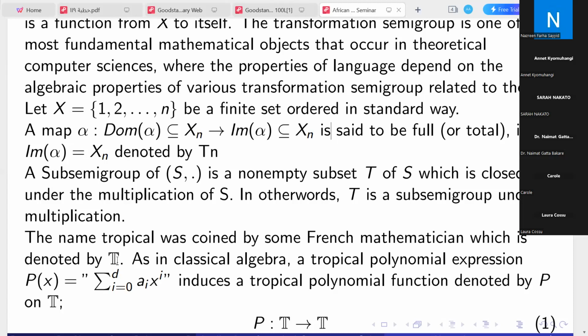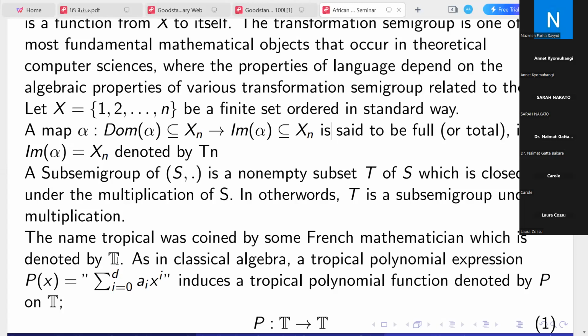In doing that, we need to firstly look at the classical algebra, that is what we call classical algebra, of our existing transformations. So what we do is to look at how we can degenerate our classical algebra into our tropical polynomial.